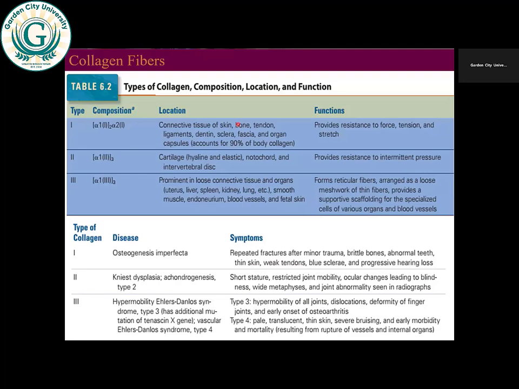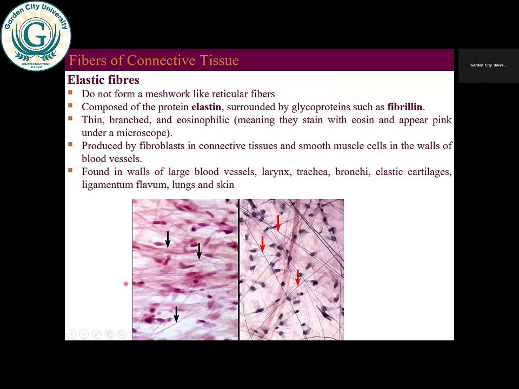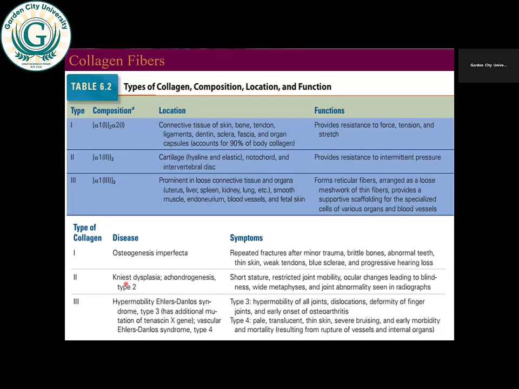So definitely there's going to be progressive hearing loss, and brittle bones, because there's a lack of proper collagen type 1 fibers. So you can see that there are a lot of diseases associated with these collagen fibers.